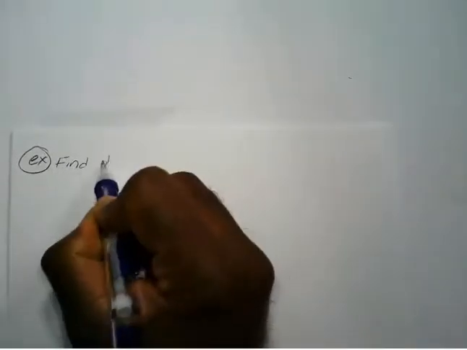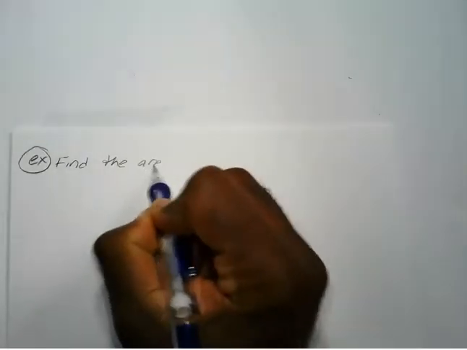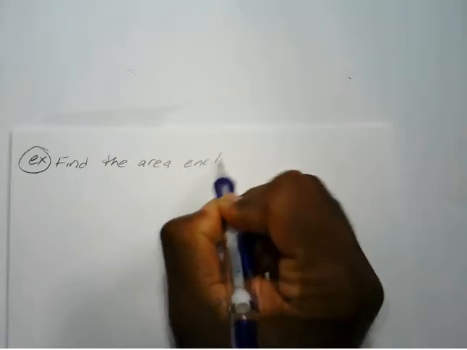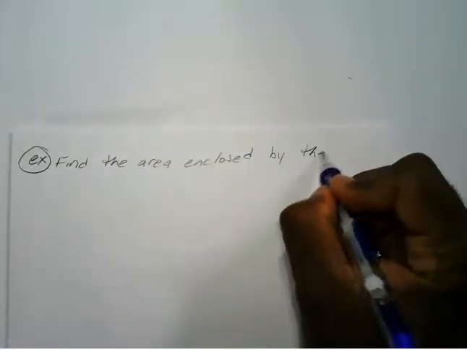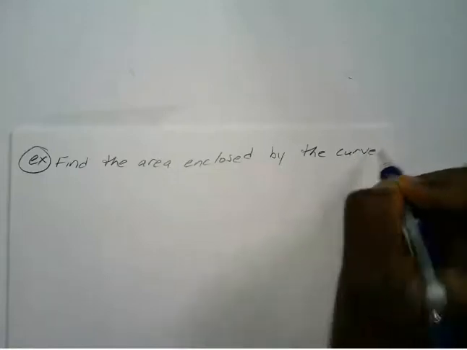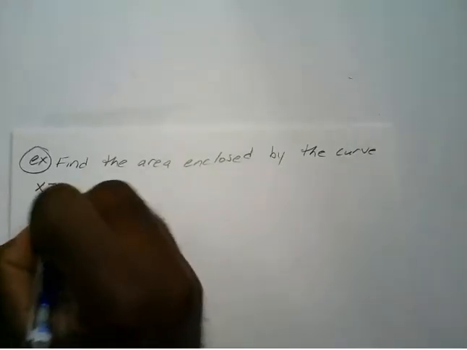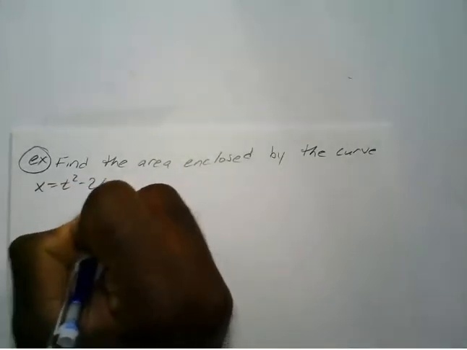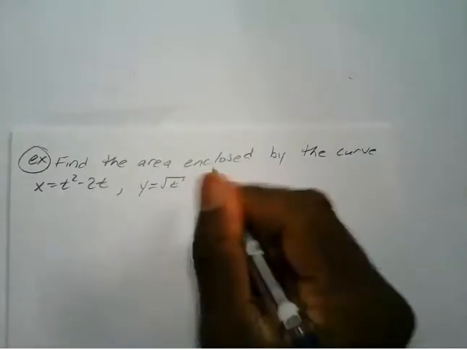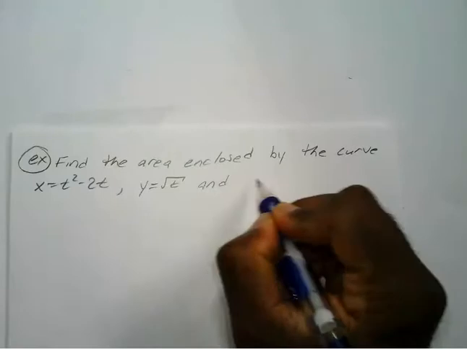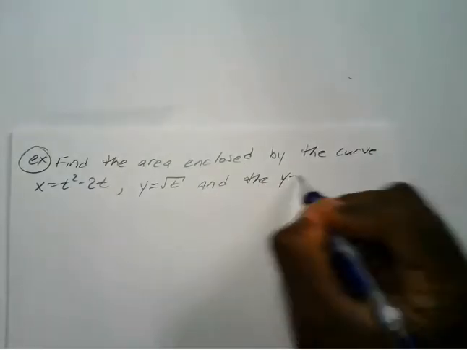Alright, so let's say, for example, we want to find the area enclosed by the curve x equals t squared minus 2t and y equals square root of t and the y-axis.